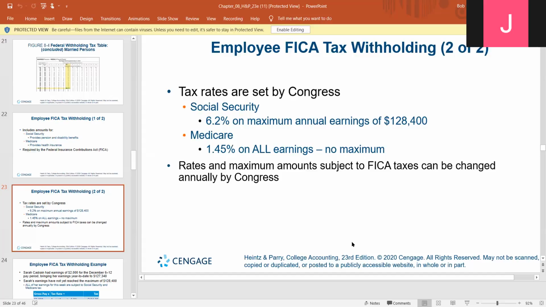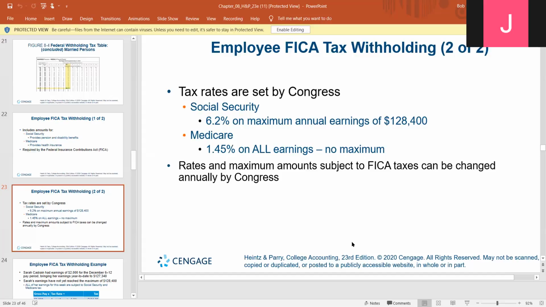But think of the person who earns $1 million. That person only has to pay up until he makes $128,400. So you multiply, let me do it right here, as a matter of fact. If you multiply 128,400 times 0.062, I should know this off the top of my head, that's $7,960.